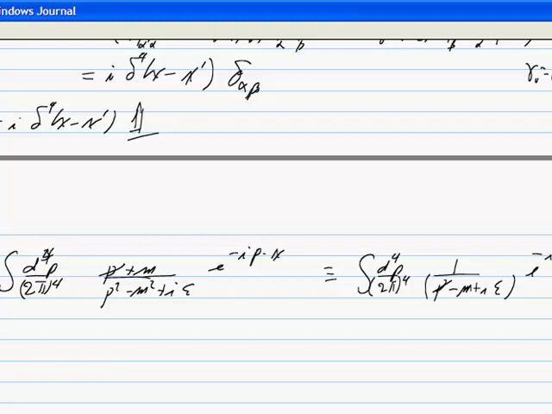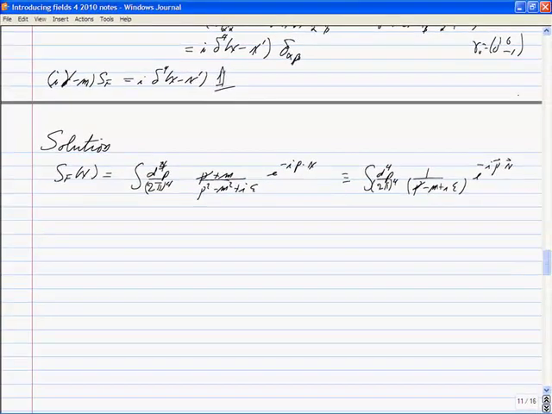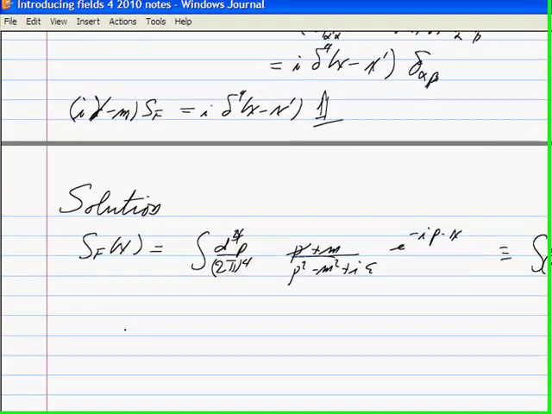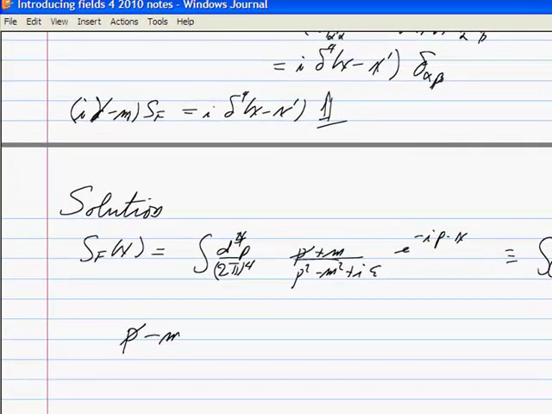Remember, this is a matrix. These are gamma matrices. So 1 over p slash minus m. p slash is a 4 by 4 gamma matrix. m has a 4 by 4 unit matrix in it here. This is a matrix, but this is just the definition of what this is. We'll see in just a minute that if I do, let's write out p slash minus m, p slash plus m.